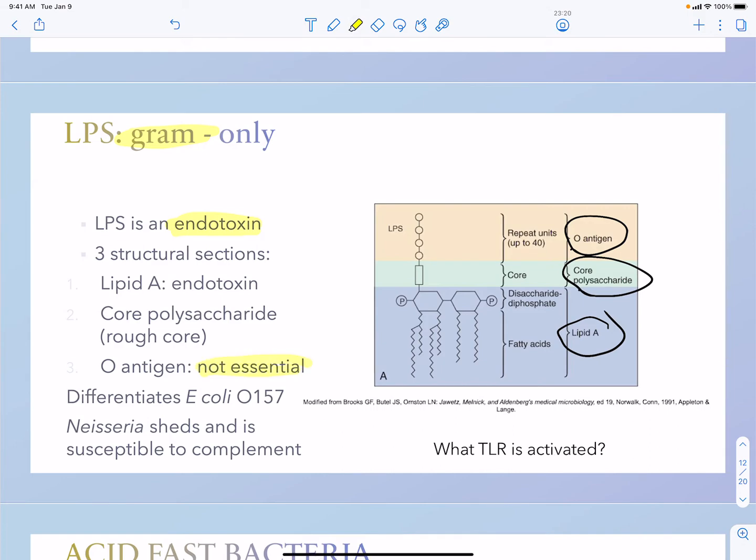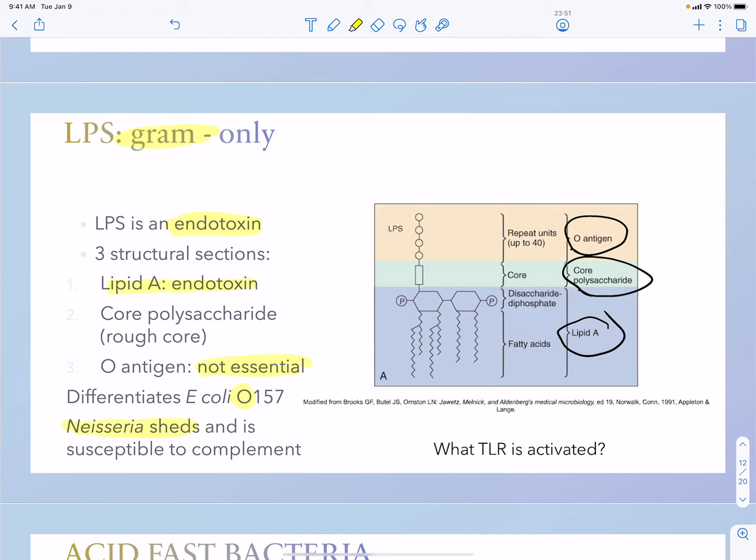The other 2 are essential for the bacterium, so it is part of the actual bacterial cell wall. Now, lipid A is the endotoxin portion, whereas the core is basically what it says, it's a core. And so the O antigen is what differentiates all the different types of E. coli, for example. So E. coli O157 has the number 157 identified O antigens.